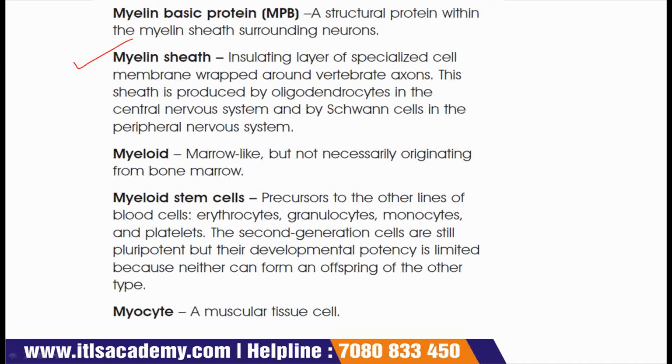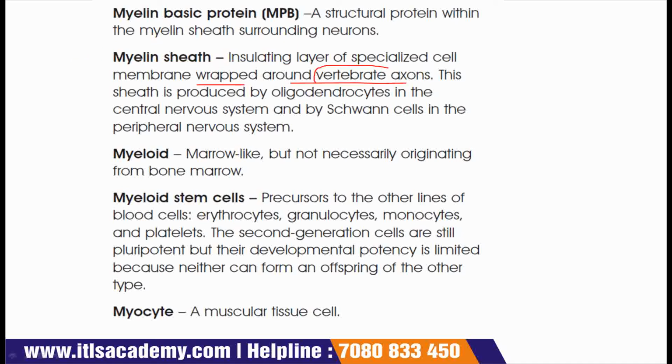The next term is myelin sheath. What is myelin sheath? Let us see. Myelin sheath is an insulating layer. What is insulating? Insulating is a thing that neither passes the energy nor gains the energy. So this is the insulating layer of a specialized cell membrane wrapped around vertebrate axon.